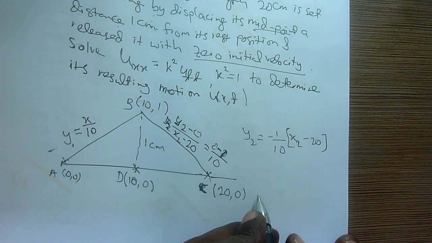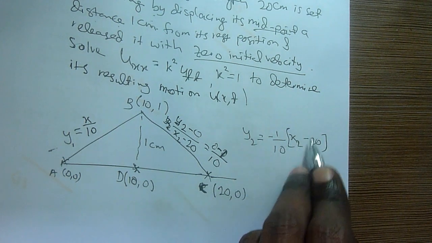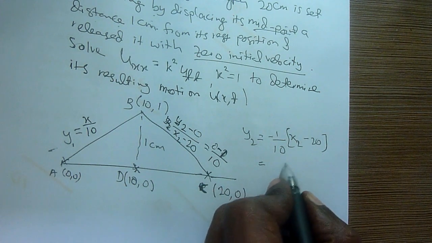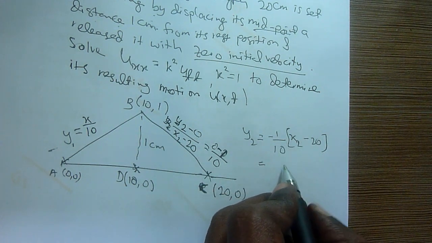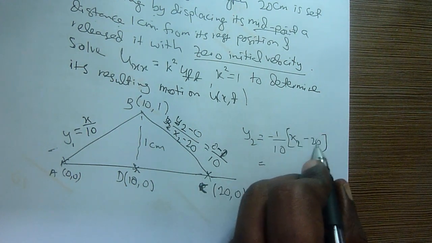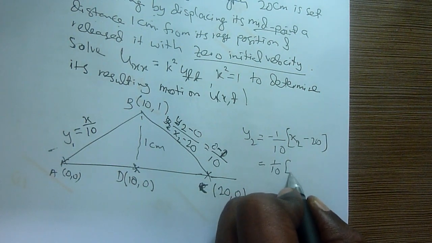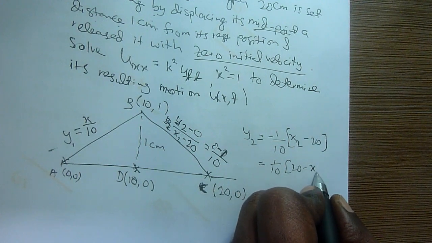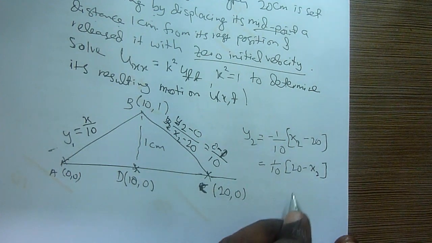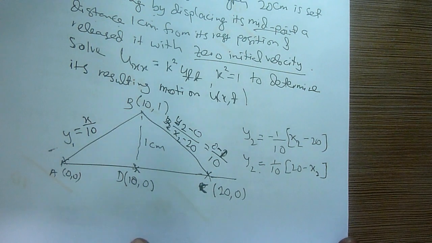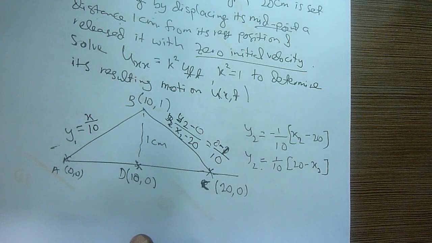As I told you, this is easy to change. If I put 20, therefore it's easy. Therefore 1 over 10 is 20 minus x2. This is y2. Okay, done. We have done the equation.